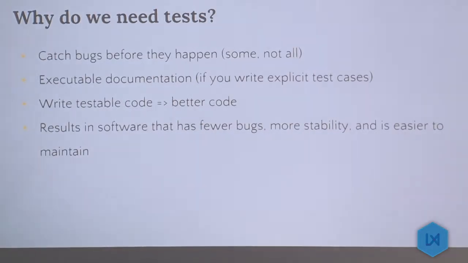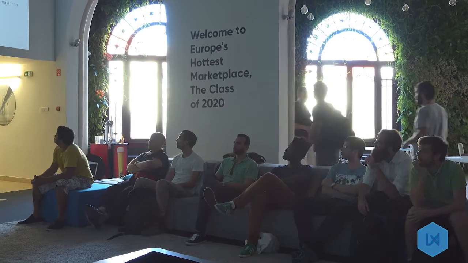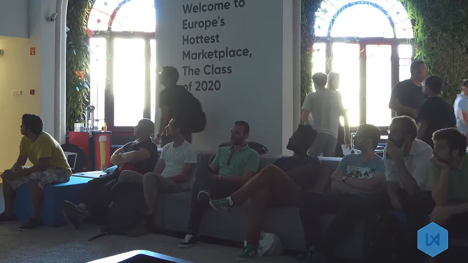Yeah, so today we are talking about tests. That's everywhere. So first of all, why do we need tests? Well, with tests we can catch bugs before they go live. Well, some, not all.